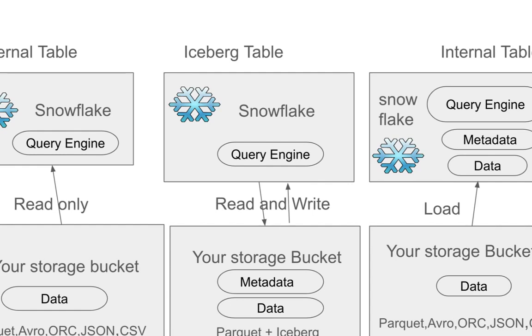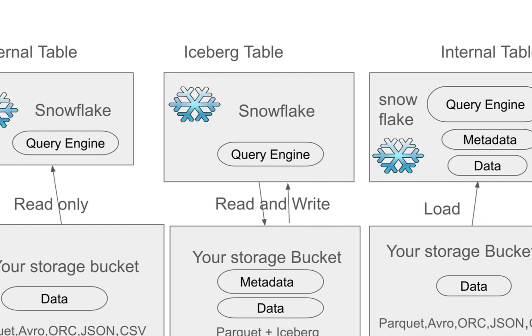And in case of internal tables, you actually load data into Snowflake, and Snowflake maintains the data, in the sense the metadata and the data are both there, and Snowflake offers all other features on this data, like time travel, data replication, security, like any other features that Snowflake offers on the tables.